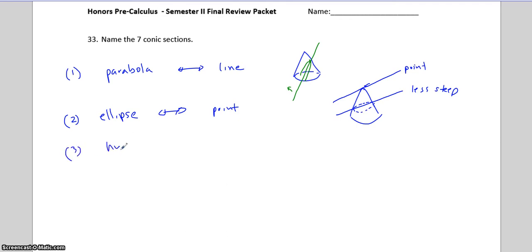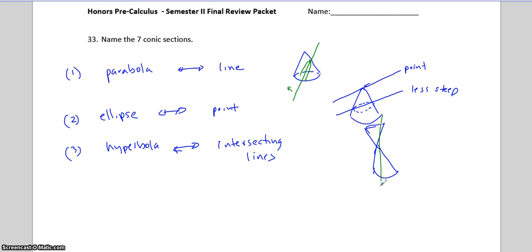Our third one is the hyperbola, and its degenerate counterpart, which is intersecting lines. And let's remind ourselves how that one occurs. Here we actually need the double cone to really see both pieces of the hyperbola. It's a terrible picture. But here the slice is going to be more steep.